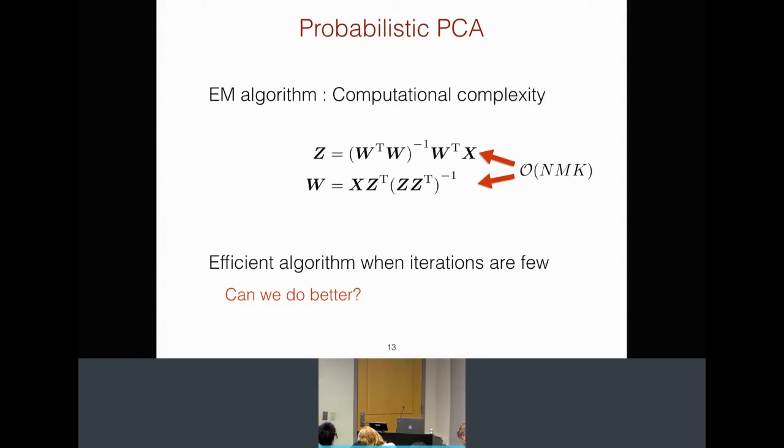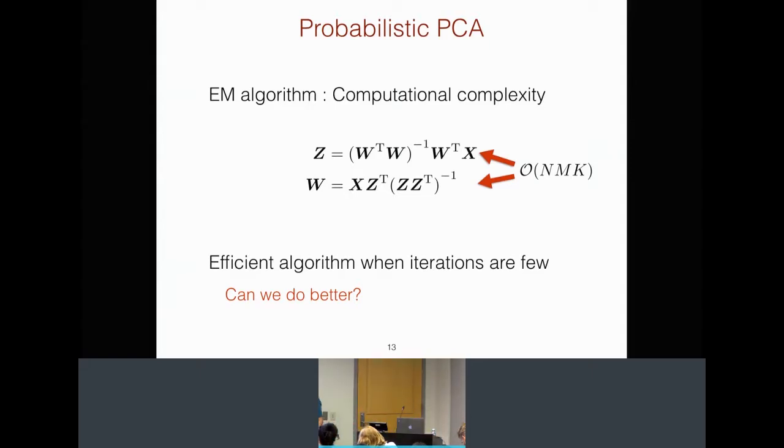And so this is the computational complexity of each of these. What we have gained by doing this is each step of the EM algorithm is extremely efficient as long as you only want a small number of principal components. And for many of these data sets, that's often what we're after. So when we're trying to compute the top 2, 3, 4 components, this is extremely efficient.